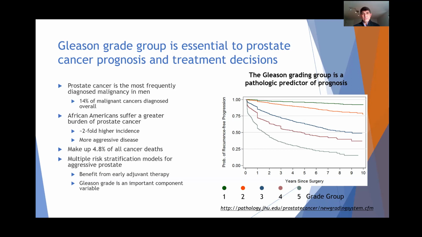However, prostate cancer accounts for about 4.8% of all cancer-related deaths, indicating that the majority of men with prostate cancer will not die as a result of it and will rather die with it. So it's really important to identify early those who are at highest risk of aggressive prostate cancer to be targeted for early therapy.